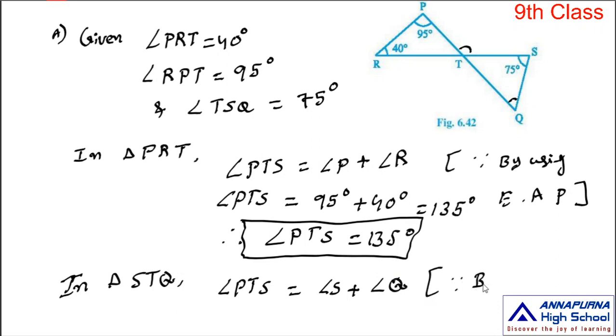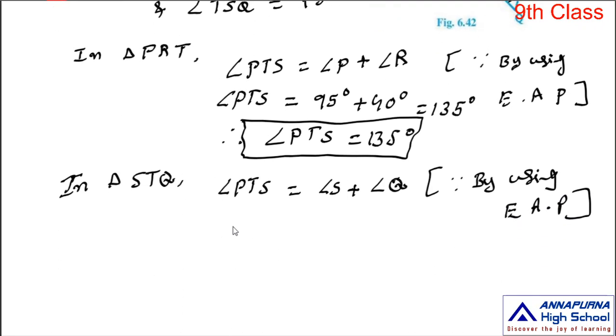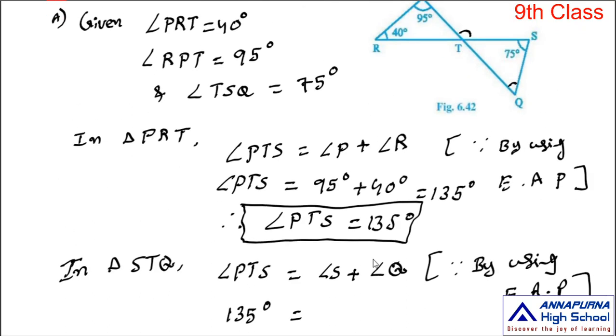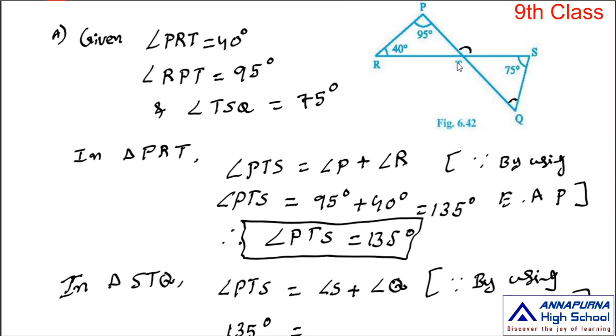Since by using the exterior angle property, substitute angle PTS is equal to 135 degrees and angle S is equal to 75 degrees. So angle PTS, 135 degrees, is equal to angle S, which means angle TSQ, is equal to 75 degrees.